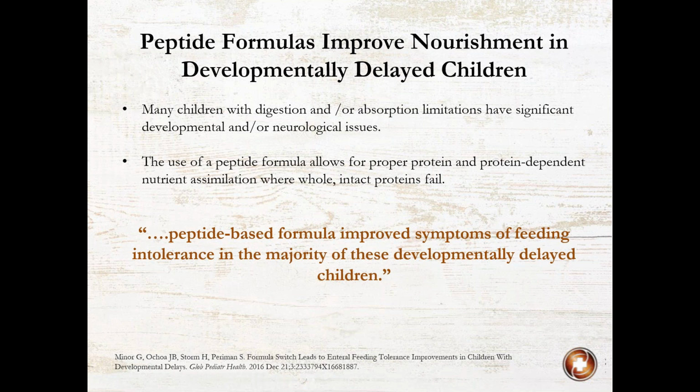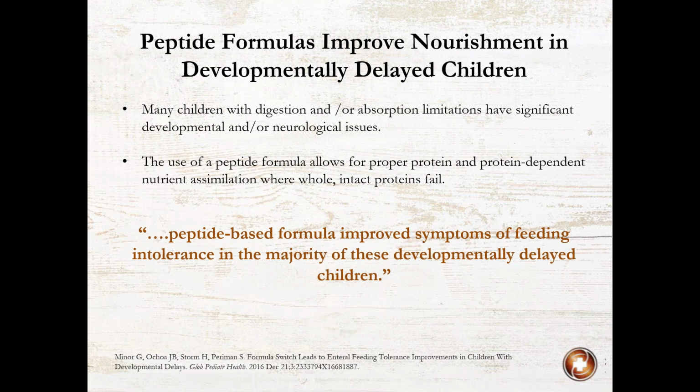In here, they saw a 92% improved feeding tolerance attributed to change from a standard to a whey peptide-based formula. They also saw 81.8% of patients stopped or decreased the need of medication.